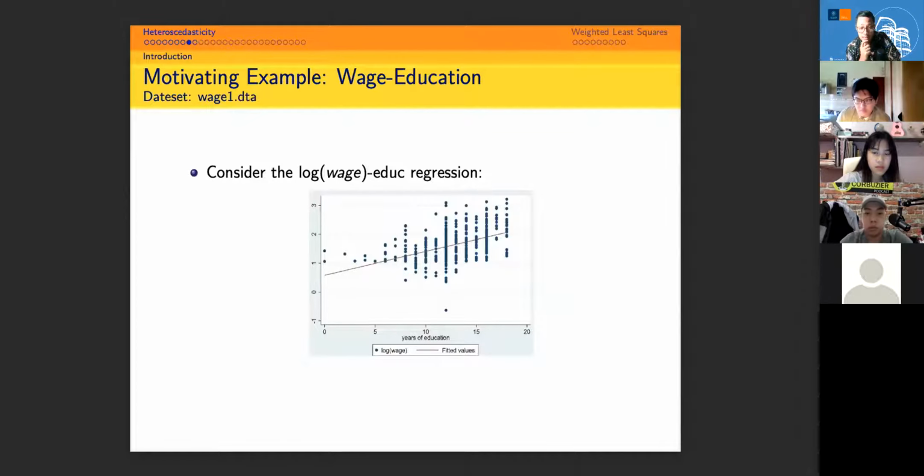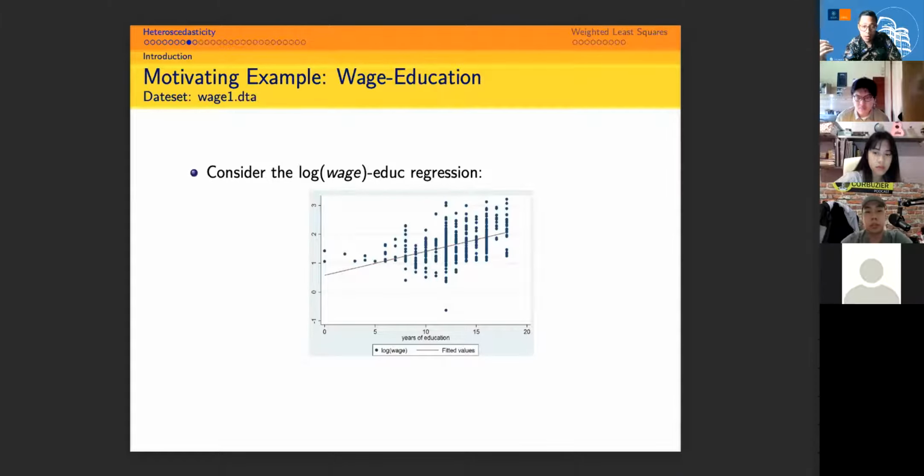So this is a graphical analysis where the red line is the fitted value. Basically you run a regression, and then given the regression parameters, you get a fitted line. The dots provide you with the distribution of the actual data that you get, so the actual distribution of the observations.